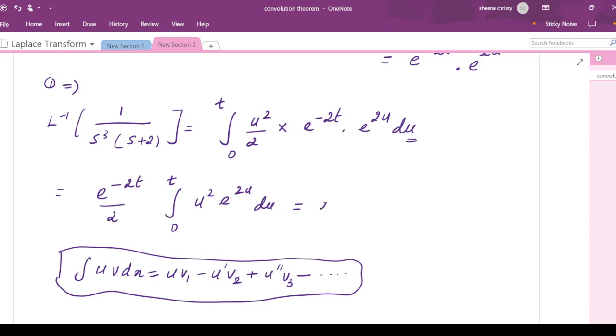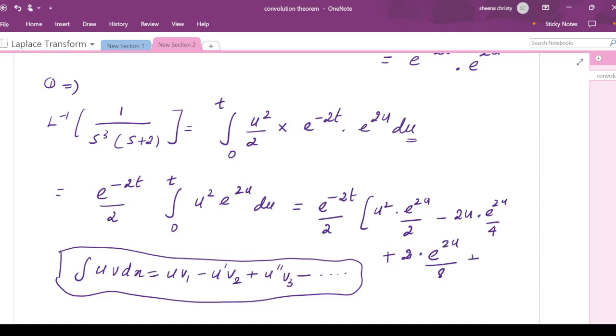So we are going to get e power minus 2t by 2 multiplied by u square into integration of e power 2u is e power 2u by 2, minus differentiation of u square is 2u multiplied by, again integration of e power 2u by 2 is e power 2u by 4, then plus differentiation of 2u will give you 2 into 1 into integration of e power 2u by 4 will give you e power 2u by 4 into 2 is 8.